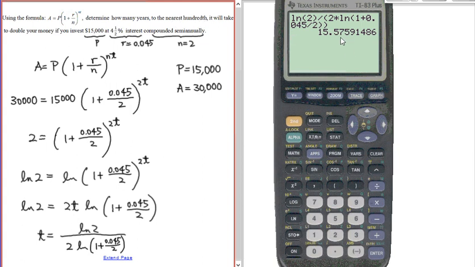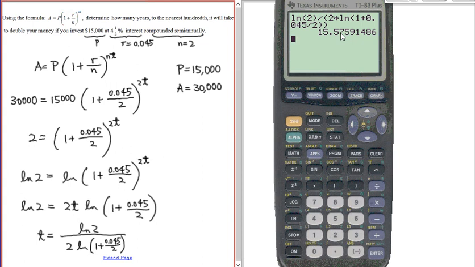The question is asking us to round it to the nearest hundredth. So that means we want two places. And we have to look at the third place and see if we need to round up or not. When the third place is 5 and above, that means we need to round up.